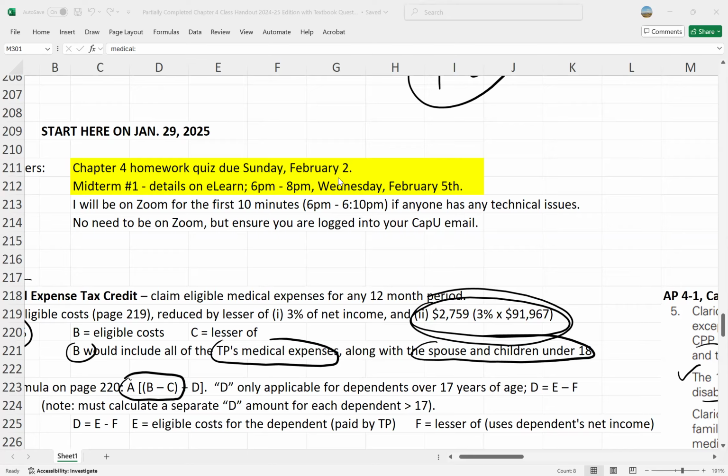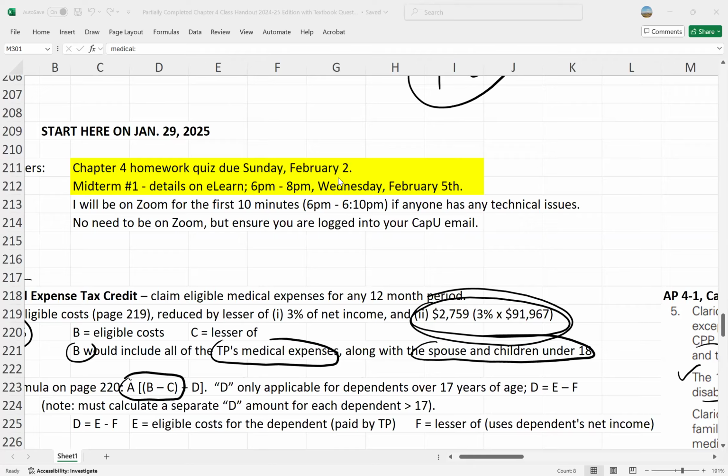I think it's going to close at 8:05. So if you start at 6:05, you will get to 8:05. But if you start at 6:10, it will still close at 8:05. So make sure that you start between 6 and 6:05 p.m. But once again, if you start at 6, it will end at 8 o'clock, 120 minutes.